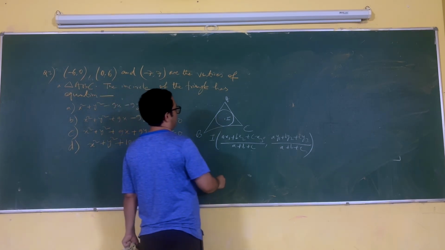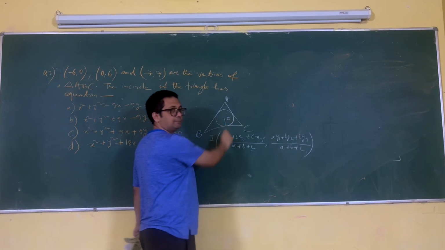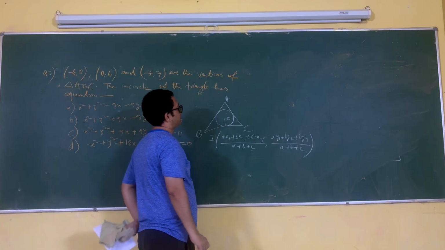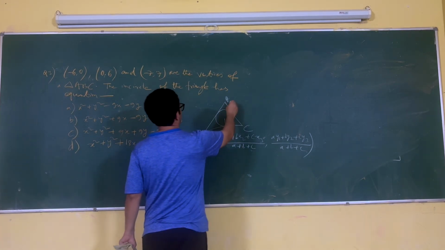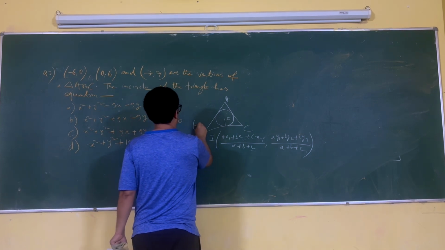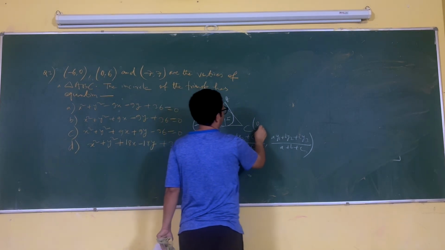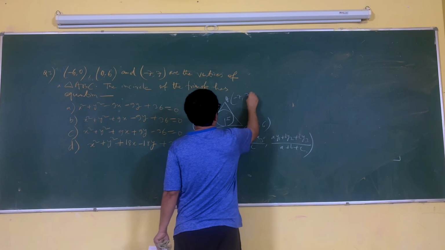Now what we will get here is that this distance we can get by the equation. If you know this a, b, c, suppose this is minus 6 comma 0, this is 0 comma 6, and here let's say minus 7 comma 7.